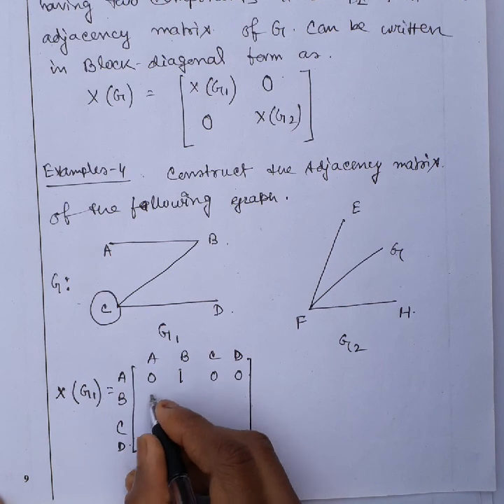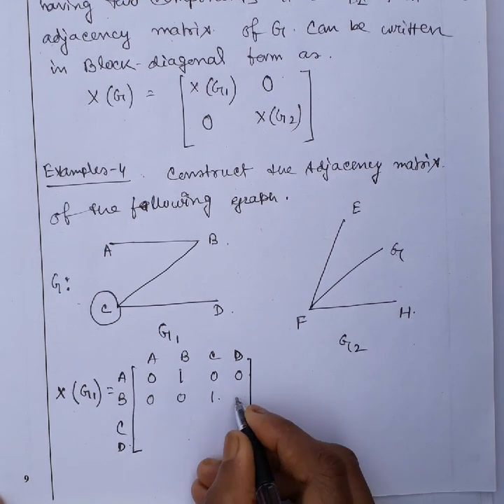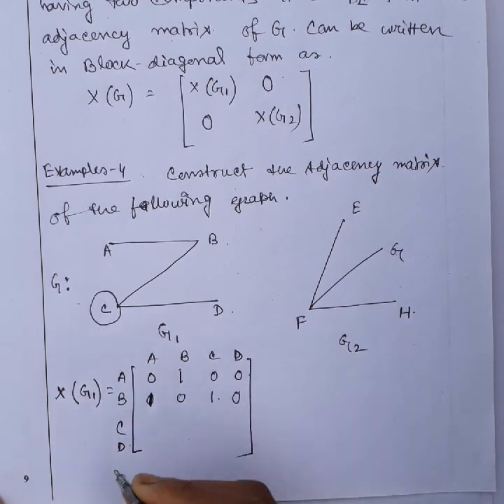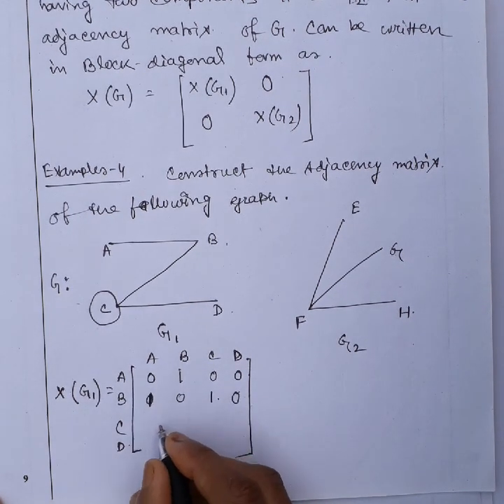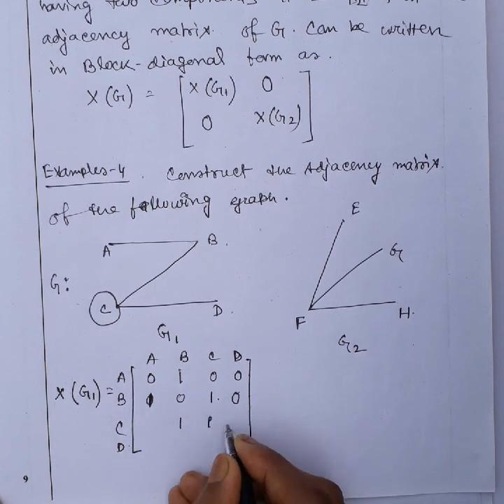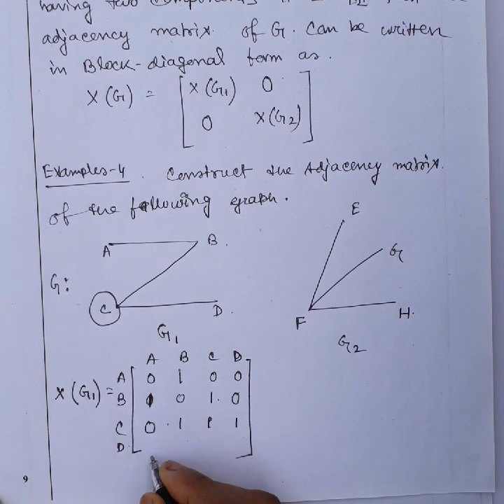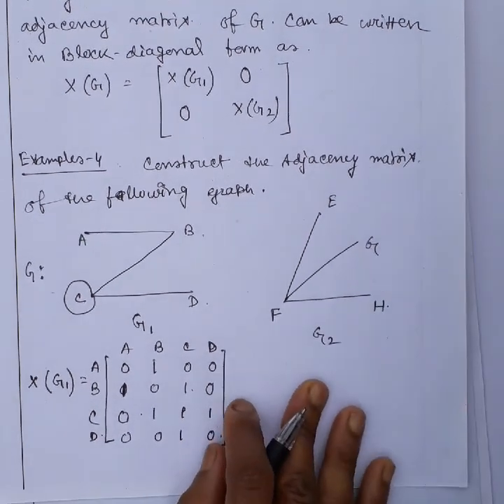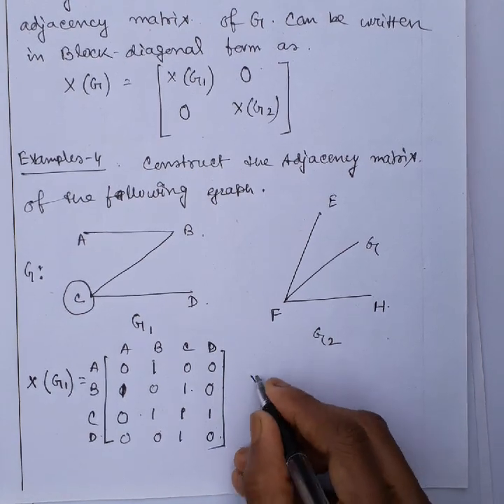B is connected to A and C. C is connected to B and D, and D is connected to only C. Okay, so this is the adjacency matrix of G1.